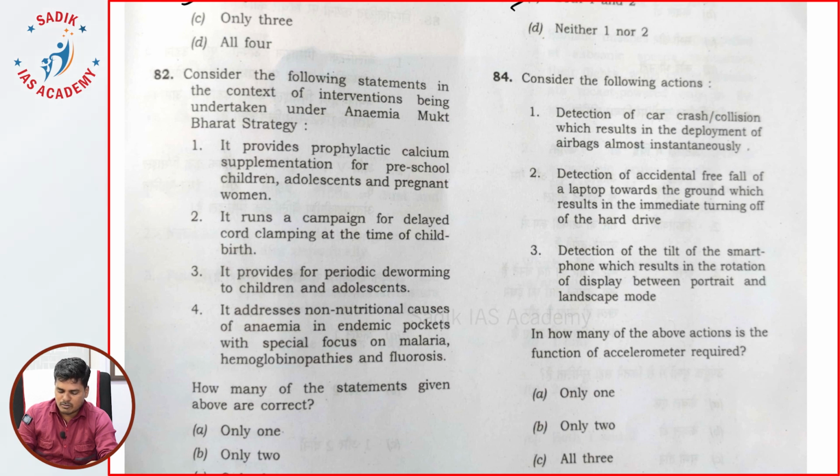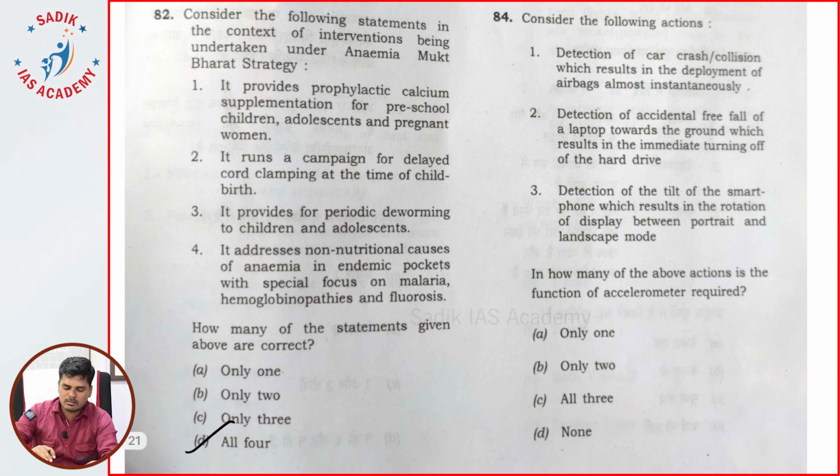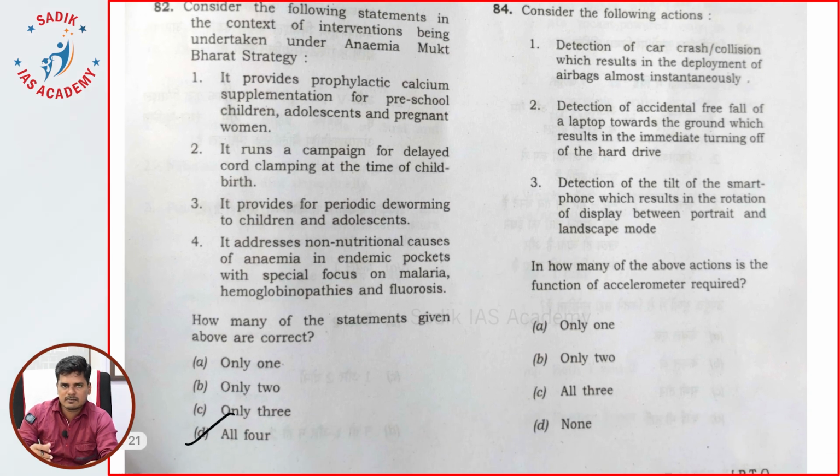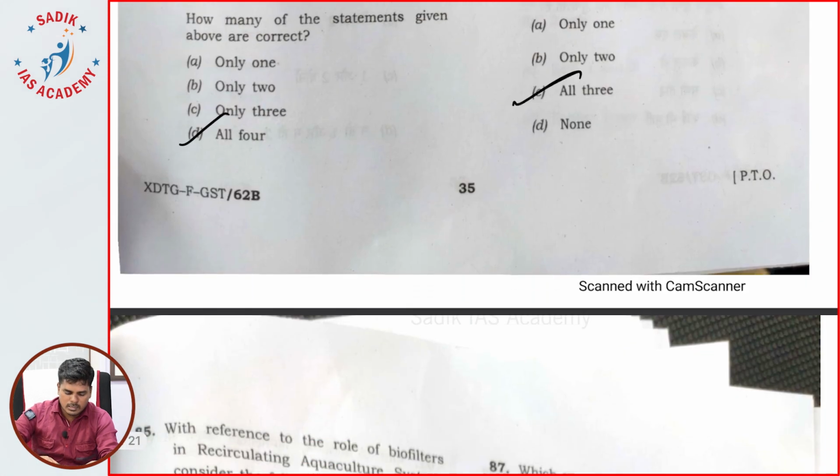In how many of the above actions is the function of an accelerometer required? In all. So these things we have come across in our day to day life. All these things we are able to witness because of the presence of an accelerometer. Therefore, all three are correct. Option C is the answer for the 84th question.